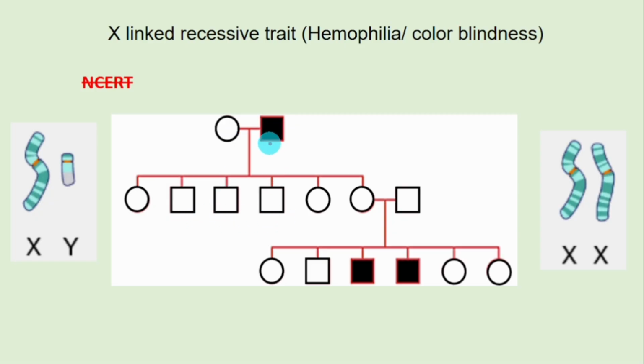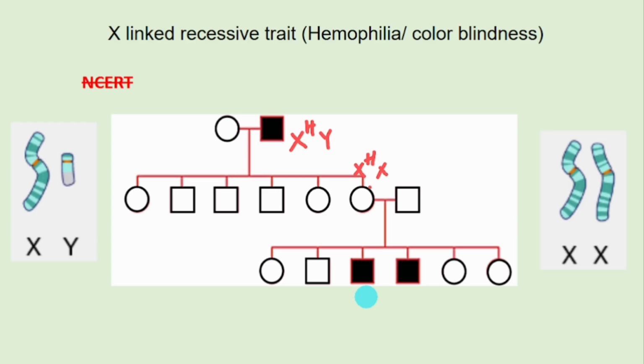But this X chromosome from father is passed on to the daughters. Now this daughter is a carrier, because her sons are affected. So the affected X, let's say hemophilia, and the Y. So this X went on to this daughter, and another healthy X was received from mother.